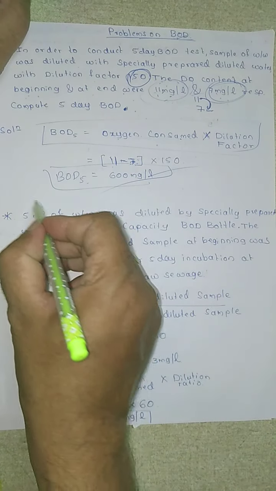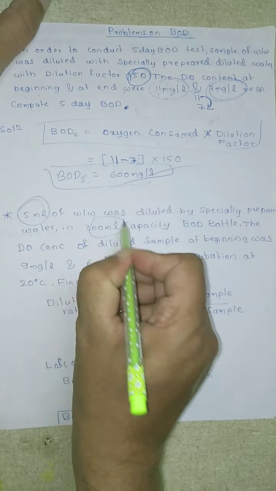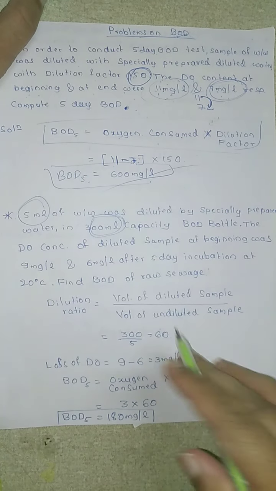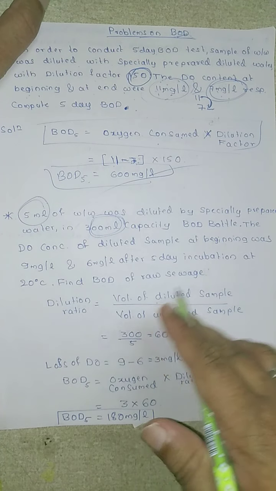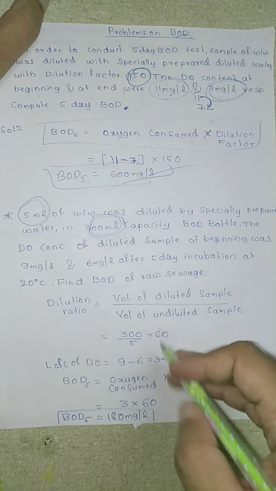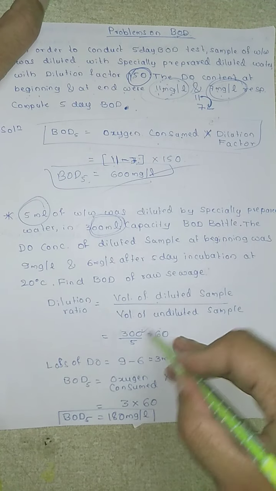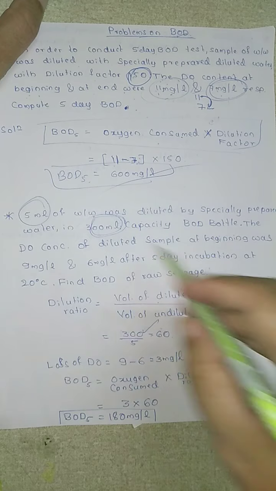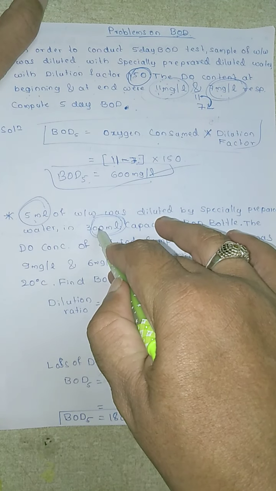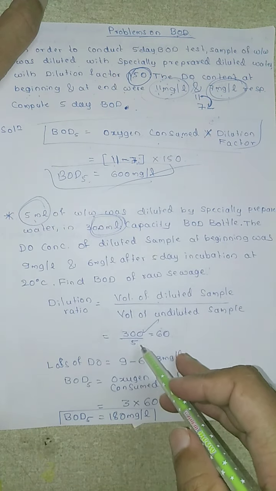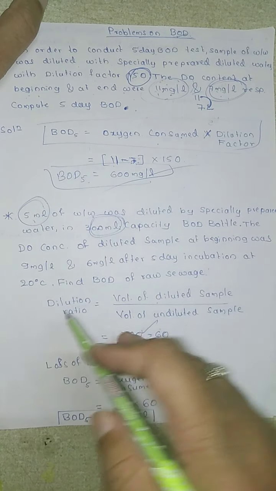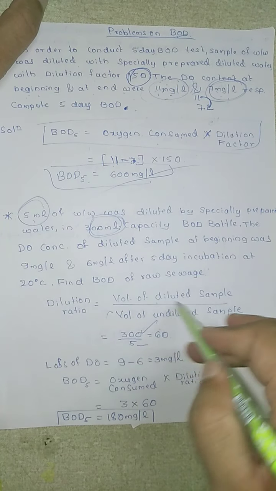Now the 5 ml of wastewater they are adding into the 300 ml BOD bottle. The volume of the diluted sample is 300, which is already given. The volume of the undiluted sample, the wastewater they add into this 300 ml, will be 5 ml.